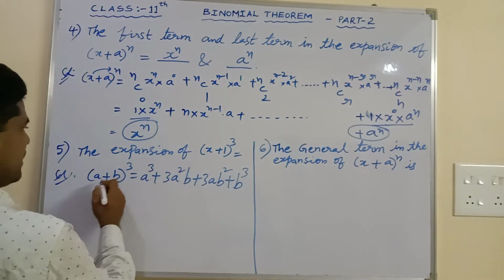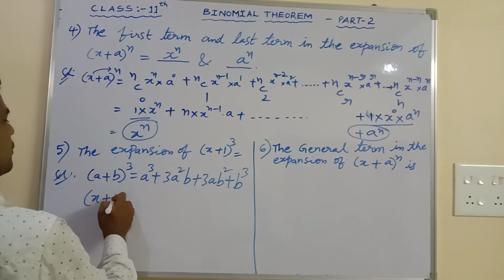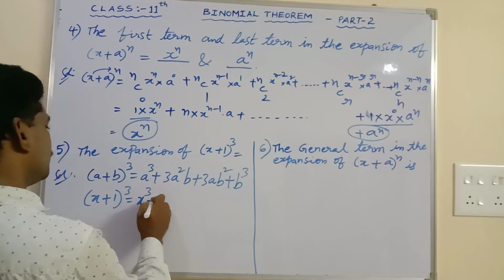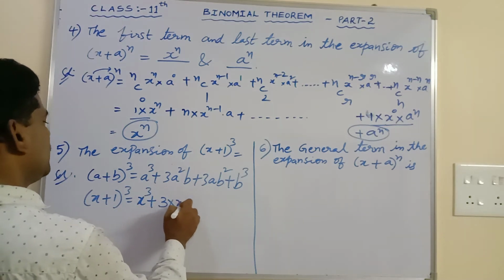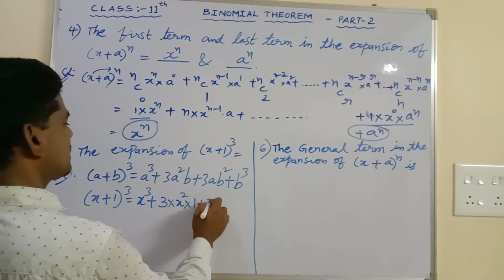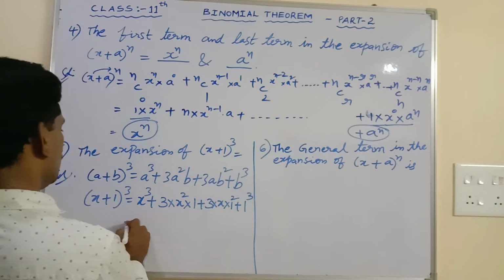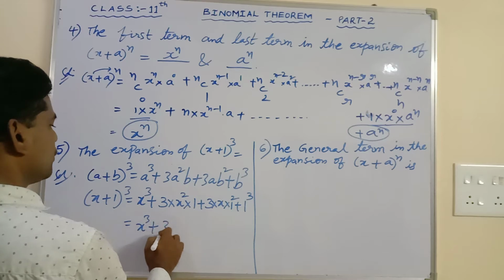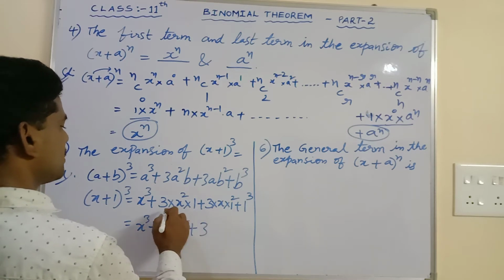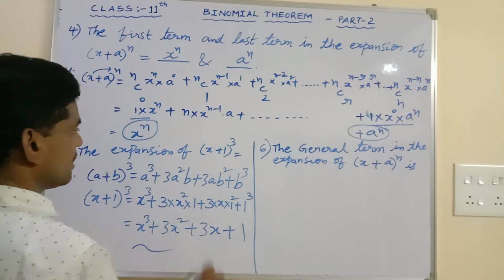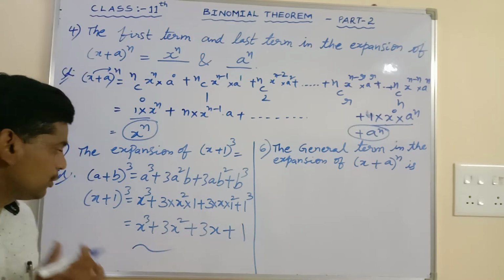So here a is equal to x and b is equal to 1. So (x plus 1) whole cube equal to x cube plus 3 into x square into 1 plus 3 into x into 1 square plus 1 cube. So this is finally x cube plus 3x square plus 3x plus 1. This is the expansion of (x plus 1) whole cube.